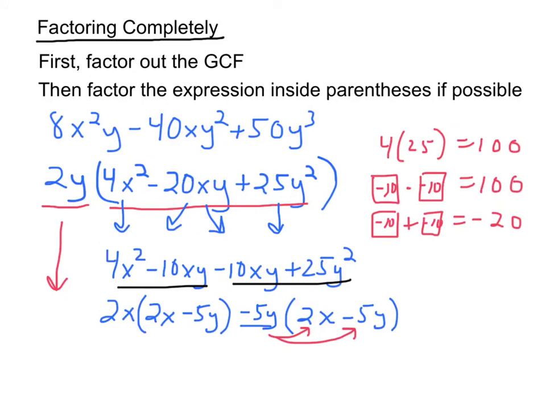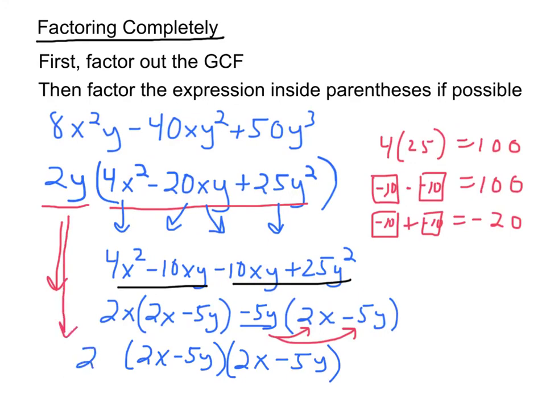So the answer to that second part of the problem that's inside the parentheses would be 2x minus 5y times another 2x minus 5y. And remember, we have to bring this GCF at the beginning down and write it in front of that answer. So we'll go ahead and write that in, 2y, right there.